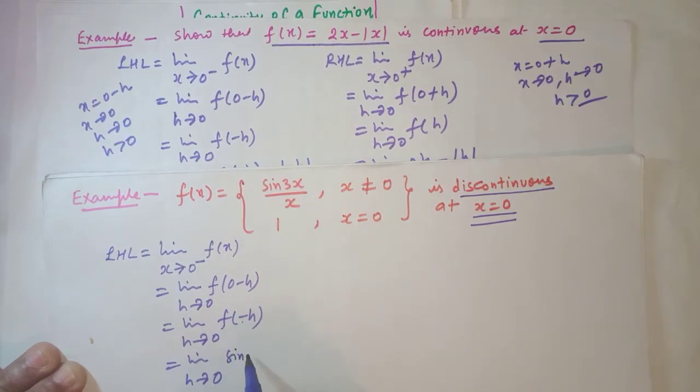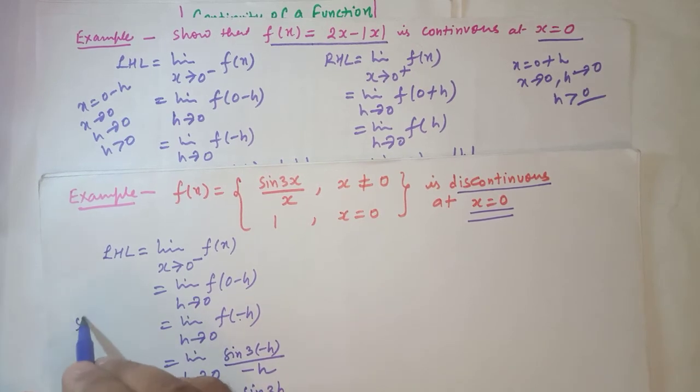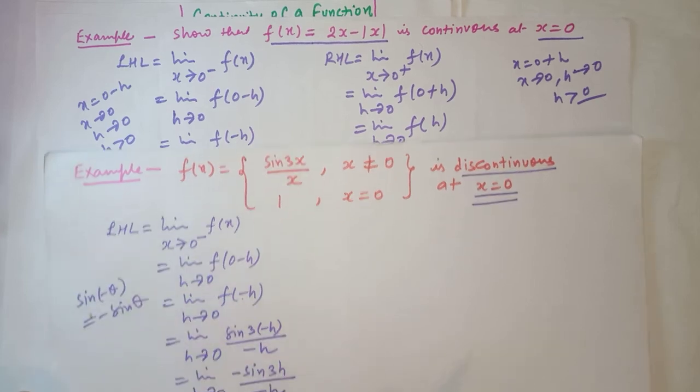So we have sine of 3 times minus h over minus h. So this is limit h tends to 0 of a minus of sine 3h over minus h. Why? Because sine of minus theta is equal to minus of sine theta.